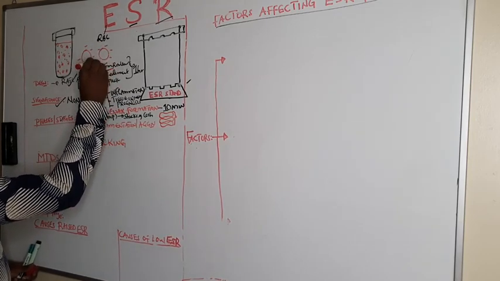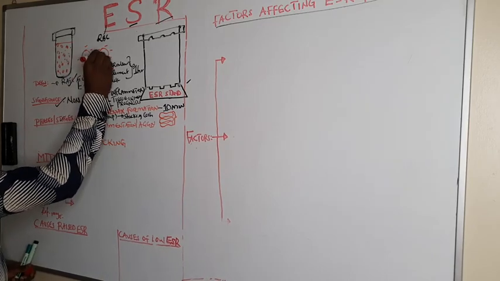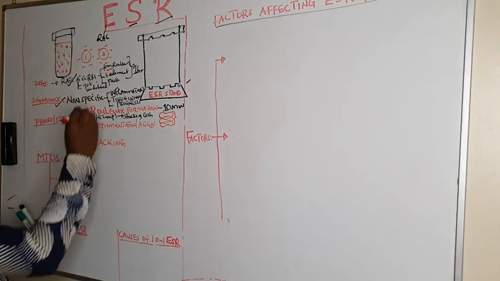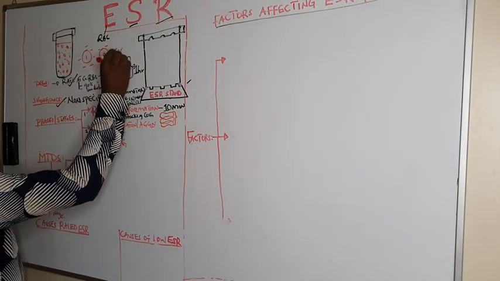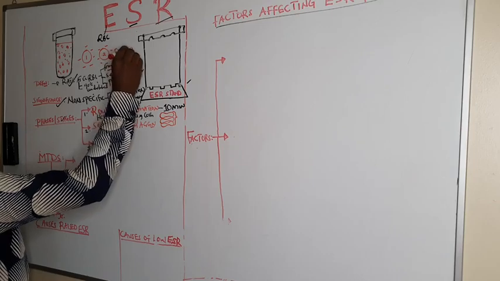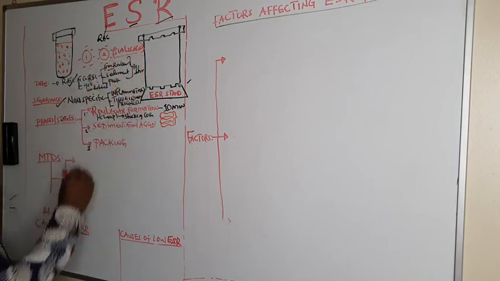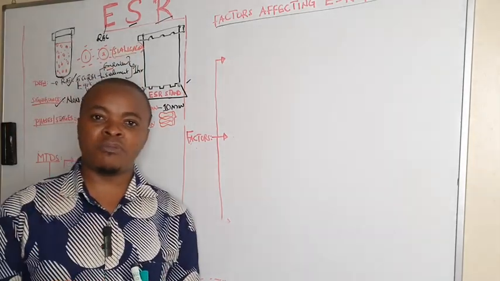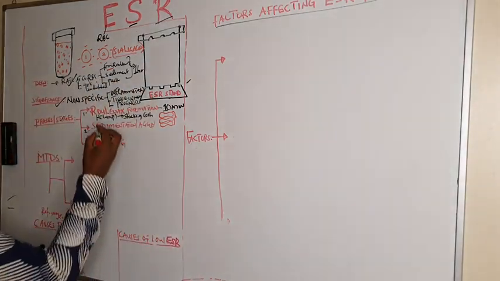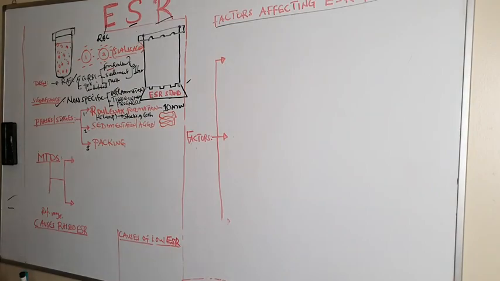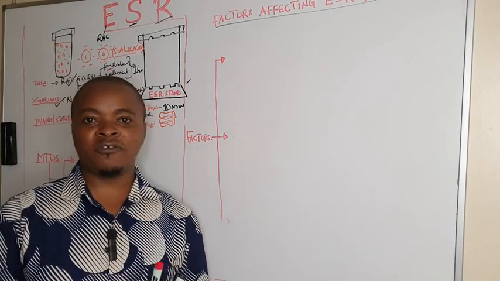So outside the RBCs, they possess a negative charge, and this negative charge is provided by the presence of sialic acid. This sialic acid, which is a glycoprotein around the cell membrane of an RBC, creates a negative charge outside the red blood cells. And this negative charge causes a repulsion force.